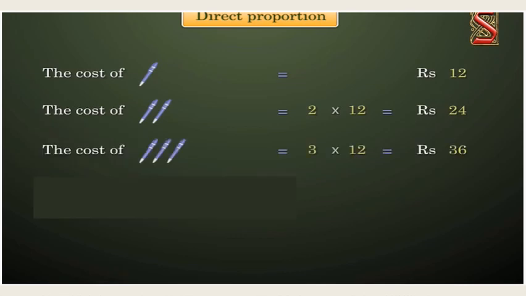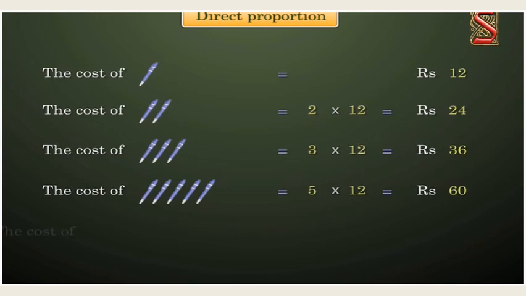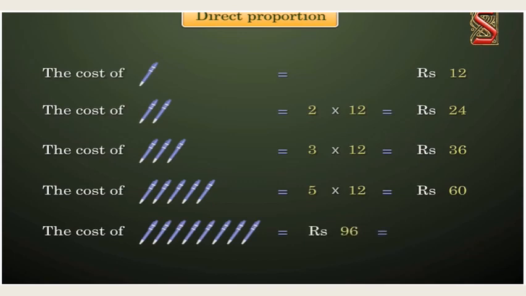The cost of 3 pens will be 3 into 12, which is 36. The cost of 5 pens will be 5 into 12, that is 60. The cost of 8 pens would be 8 into 12, and that would be 96.